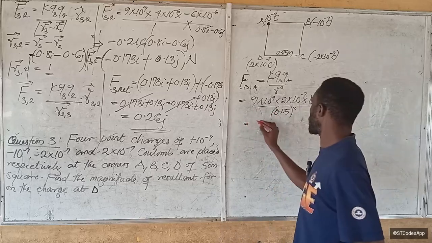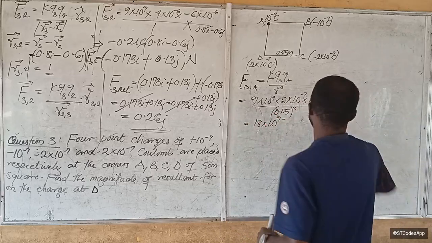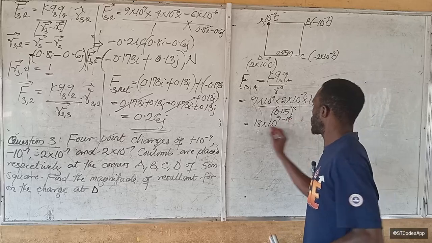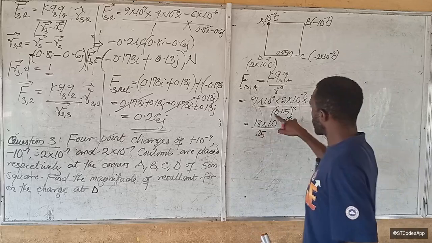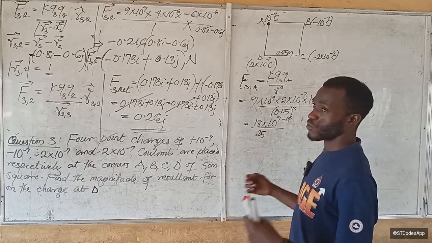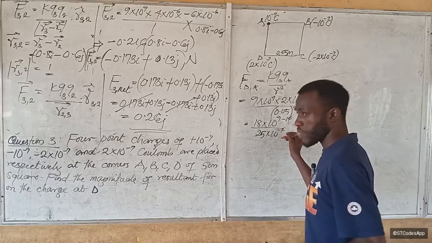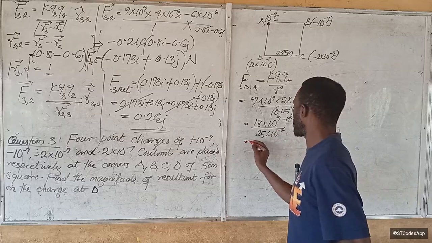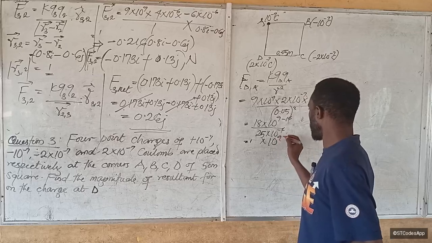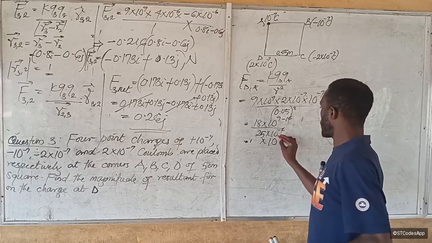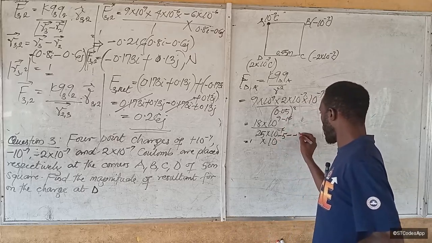This becomes 9 times 2, 18, times 10 to the power 9 minus 14, all over 5 squared, 25, times 10 to the power minus 4. So what we have is 18 divided by 25 times 10 to the power 9 minus 14, which is minus 5, then minus minus 4.